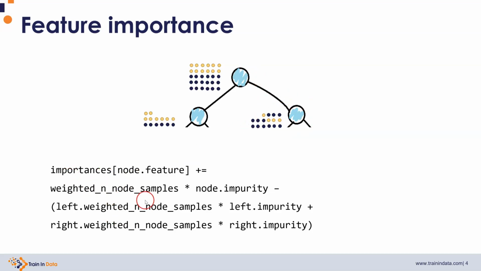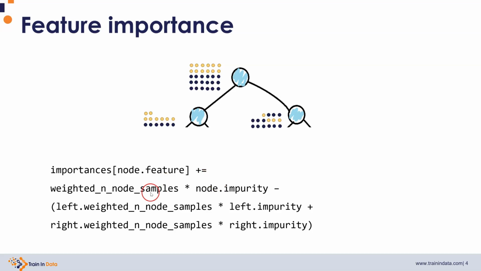And we want to weight the impurities because here we may have a gigantic impurity loss, but if we end up with 3 observations, it's not as representative of the data as a smaller decrease in impurity that is true for more observations. So this is the intuition behind this formula.